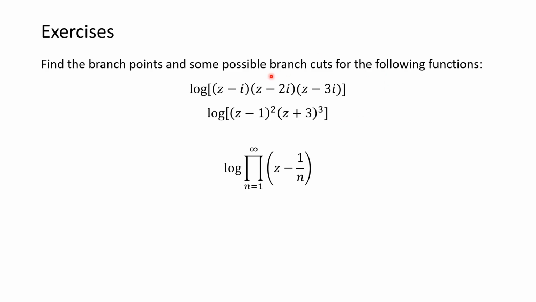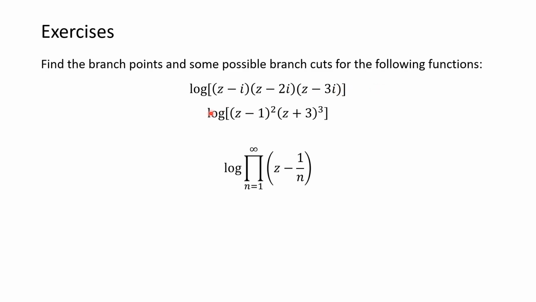Three examples for you to try here. Find the branch points and possible branch cuts for these three functions. As a hint, you can use the properties of logs, which I would recommend. This first one is log of z minus i plus the log of z plus the log of z minus 2i plus the log of z minus 3i.